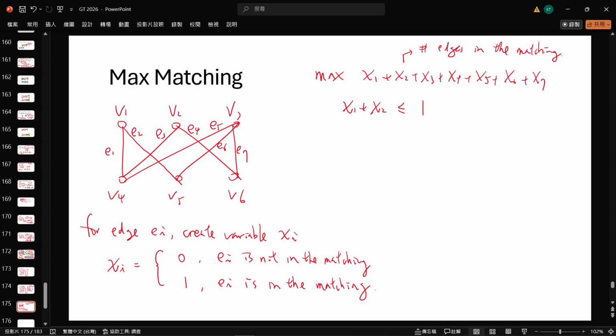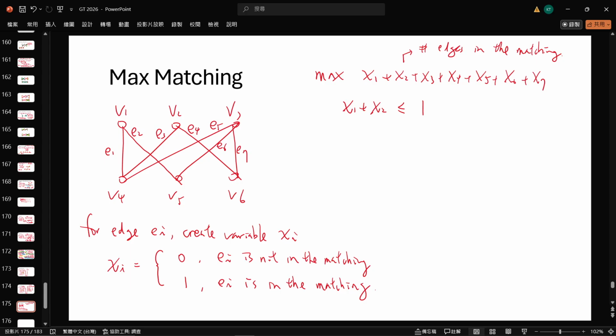So that's how we deal with V1, to make sure that among all the edges incident to V1, we can choose at most one edge. And similarly for V2, we have to create a constraint making sure that among E3 and E4, we can choose at most one.